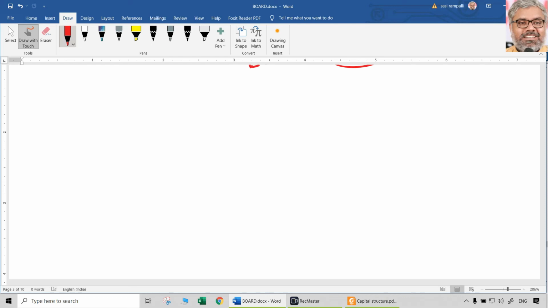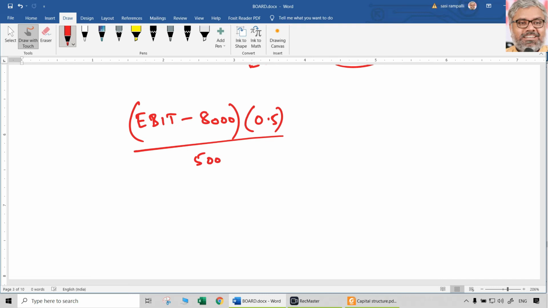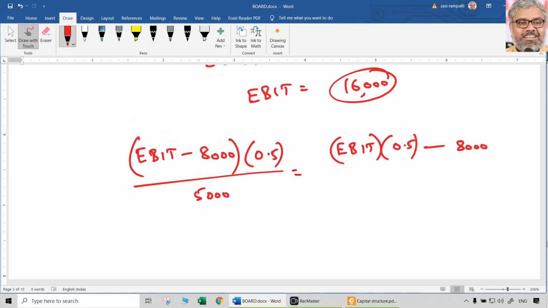B and C. Here B is debt, C is preference. So EBIT minus 8,000 interest into 1 minus tax rate divided by 5,000 will be equal to, be careful, here there is no interest, but EBIT into 1 minus tax rate minus preference dividend, that is 8,000, divided by 5,000.